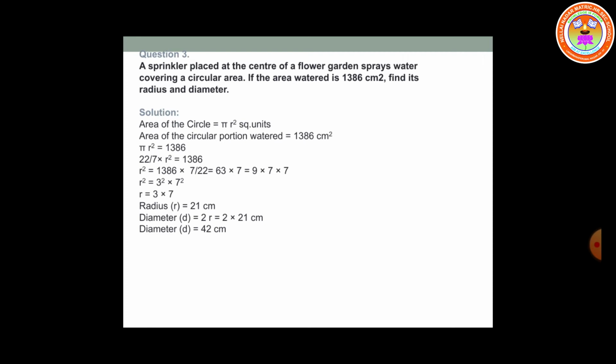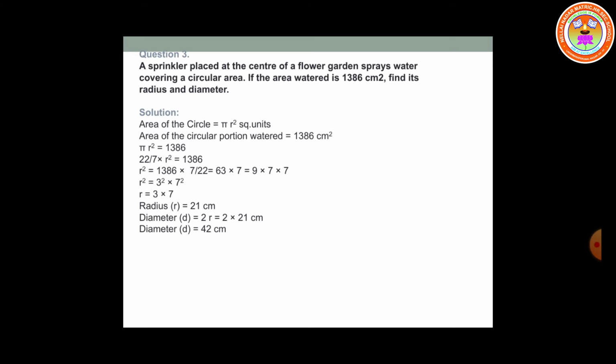Area of the circular portion watered is equal to 1386 centimeters square. So pi r square is equal to 1386. Pi we put as 22 by 7 into r square is equal to 1386. This r square is on the left side, then 22 by 7 goes to the right side as the reciprocal.